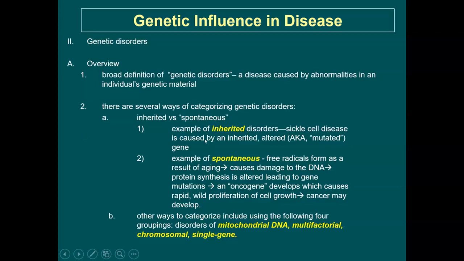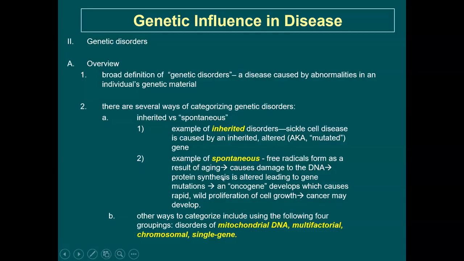One is inherited versus spontaneous. Examples of inherited disorders are sickle cell or some other inherited disorders. Spontaneous genetic disorders can occur in a variety of different ways, and I've just given you one example of a spontaneous genetic disorder here.